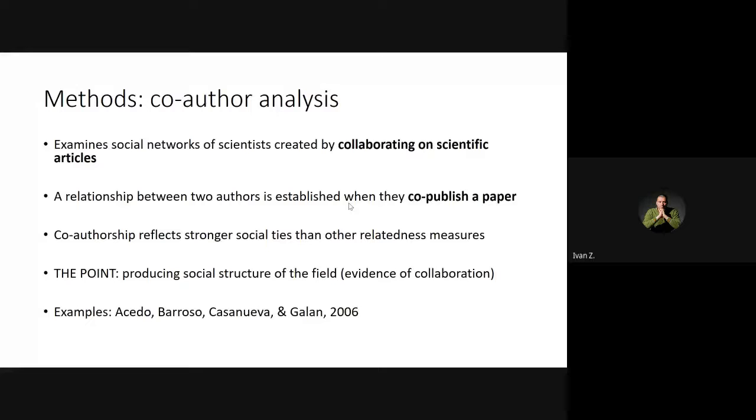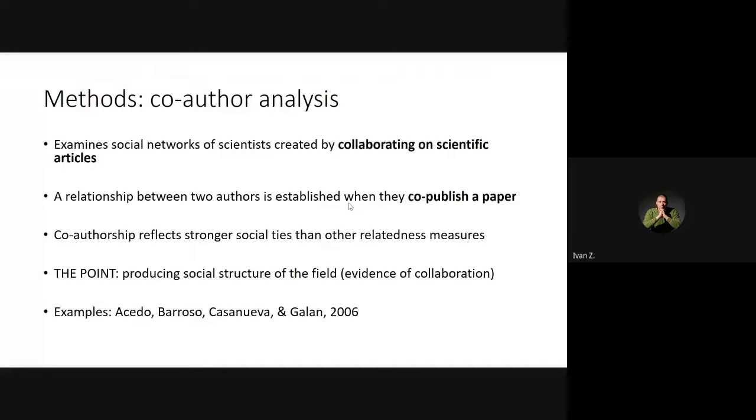And finally, the final bibliometric method is co-author analysis. So here we're basically analyzing the collaborations of scientific articles, and this relationship is established when two authors publish a paper together. So if I work with somebody else on a paper and we publish, that means we published one paper, but if we publish a lot of them, that means that we collaborate a lot, right?